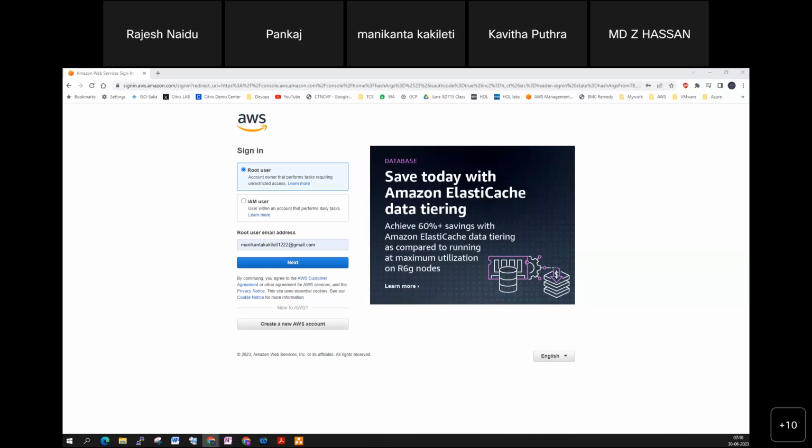Once you join the project, you will get an IAM user, which means you are part of the project. You are part of the AWS administrators, AWS developers, or AWS DevOps engineers. Based on the role, your IAM user will be created, and with that IAM user only you will be logging into the AWS Management Console.